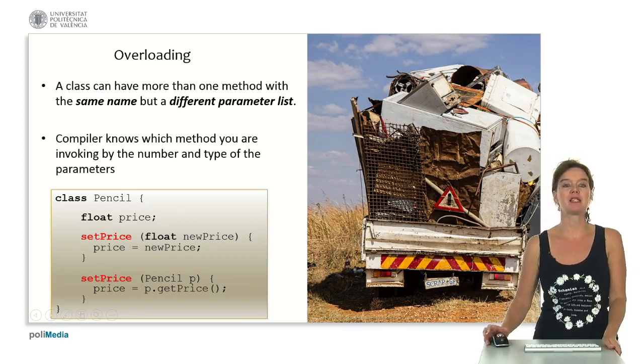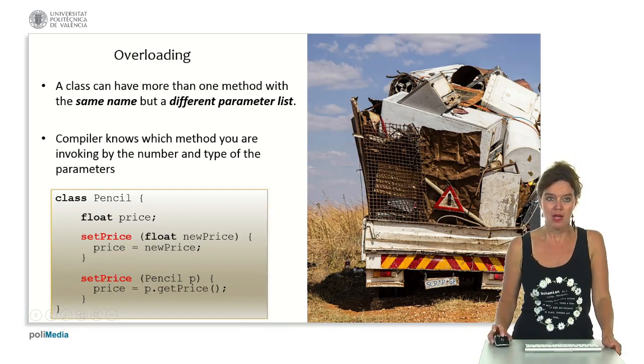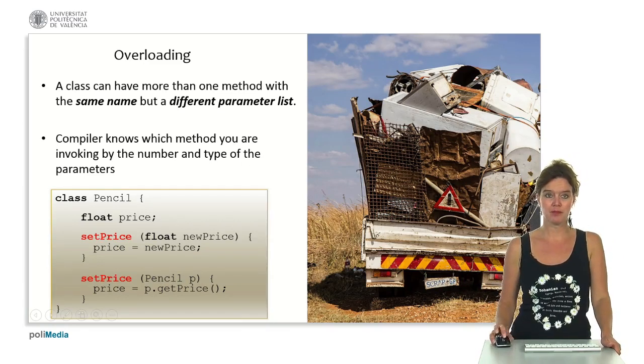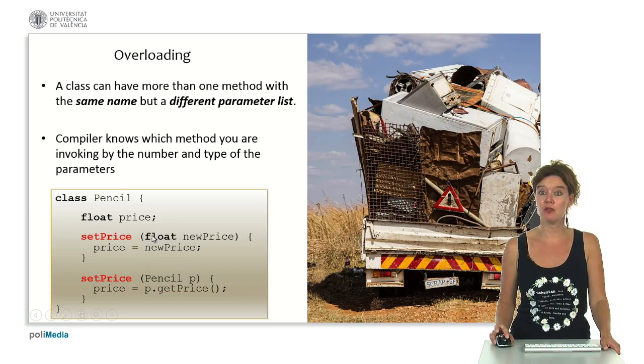So here we see an example of a class Pencil that has an attribute price, which has type float. And here we see two setters. One setter has one argument, a float, that wants to set a new price. So we assign new price to our attribute price.